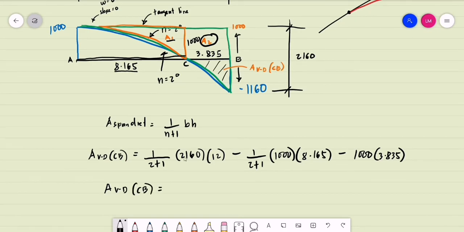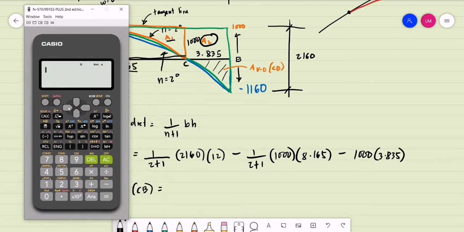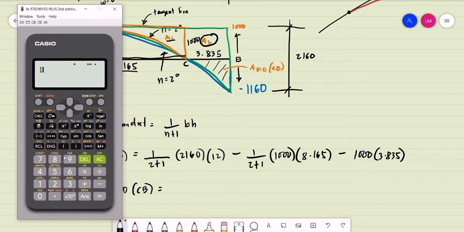That is the same as 1/3 of 2,160 multiplied by 12, then minus 1 over 3 of 1,000 multiplied by 8.165. Then minus the area of the rectangle, that is 1,000 by 3.835.